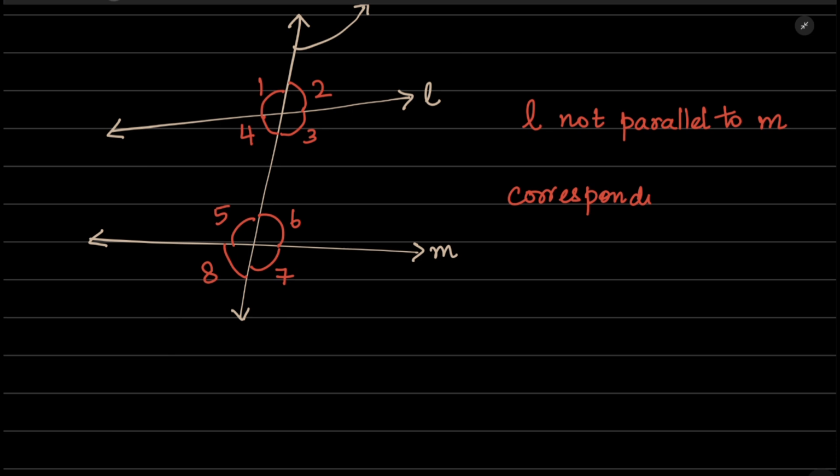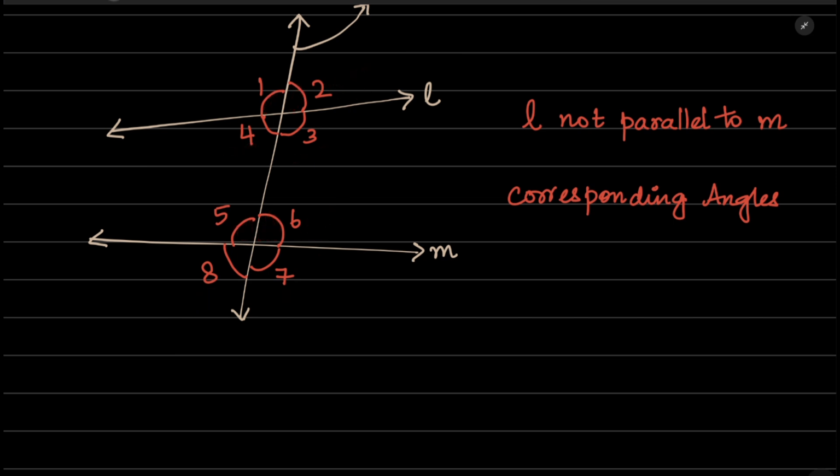Which two angles are corresponding angles? The corresponding angles in this case will be angle 2 and angle 6, angle 1 and 5, angle 4 and 8, 3 and 7. These are corresponding angles, which correspond to each other.